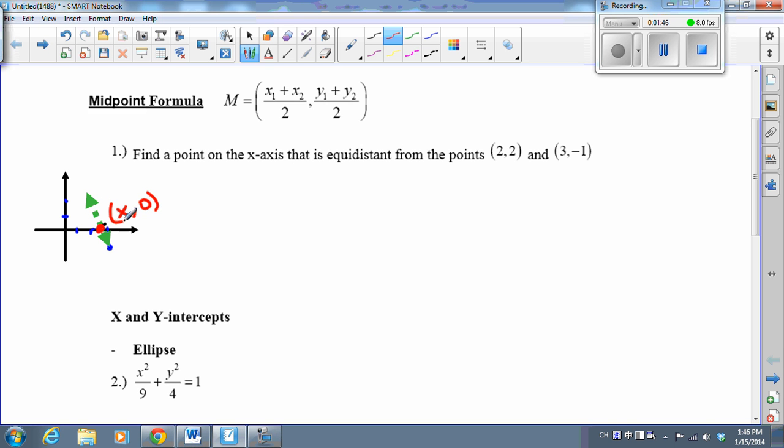So if it is equidistant, it means that this distance here is the same as this distance.